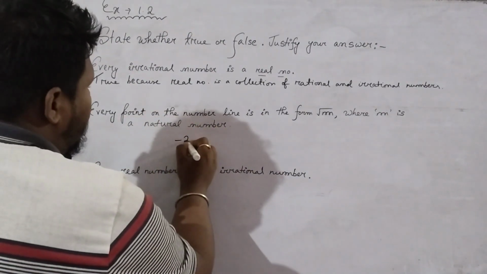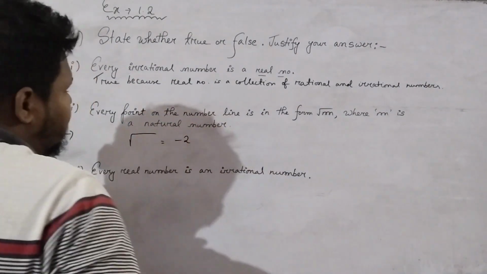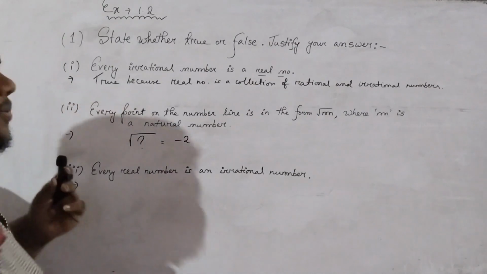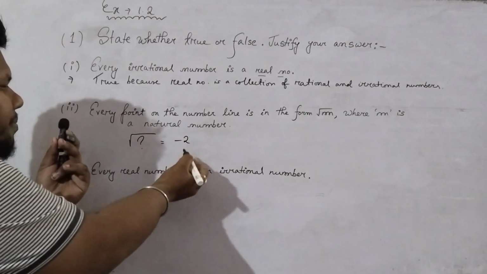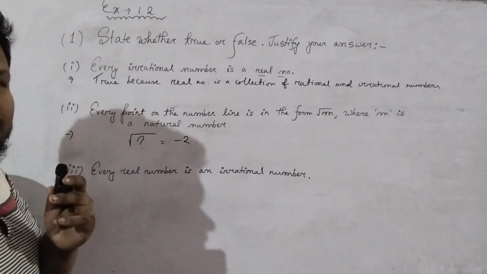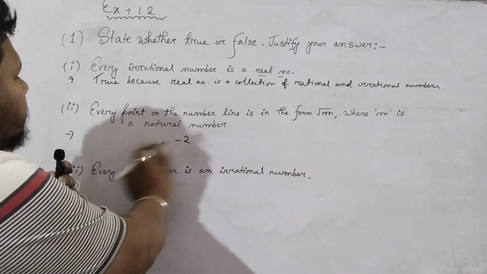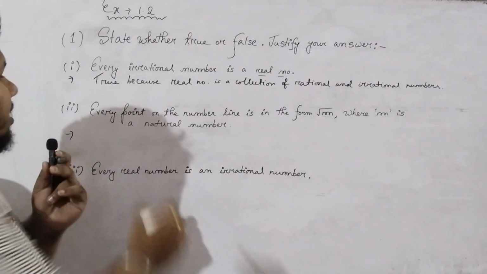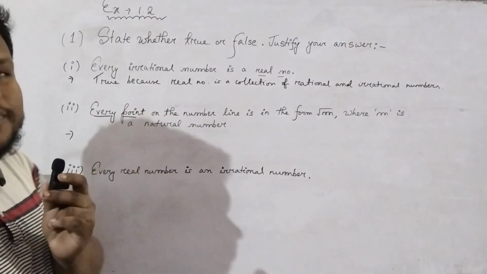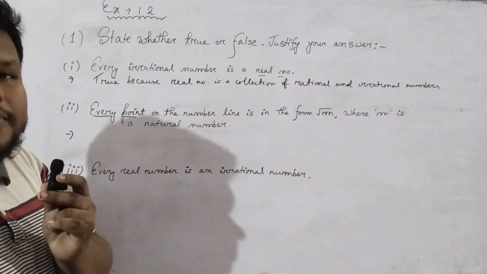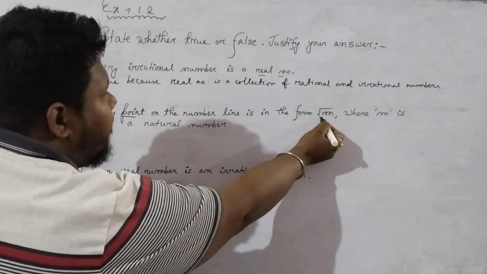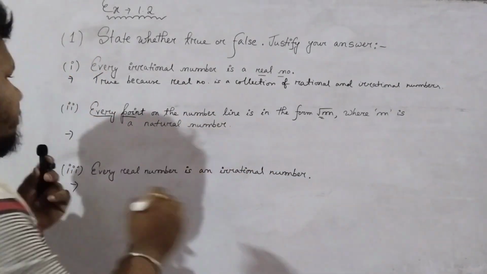Suppose we have root 2. Can we express it as a square root of any other number? Can I represent minus 2 as a square root of any other number? No. So that's why it is not possible to represent all the numbers. They are saying every point. How is this possible? In a number line, negative numbers cannot be represented in the form of square root, right? So this is false.